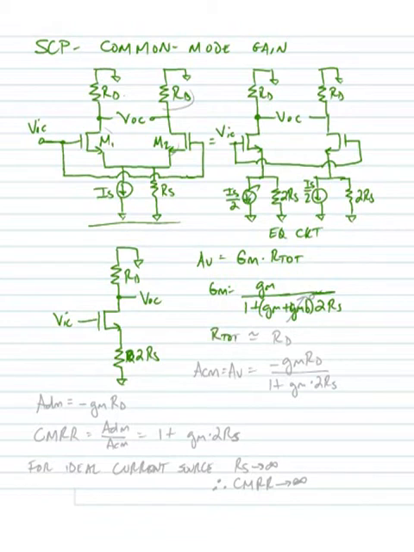We know that our R total is approximately equal to RD because the output resistance of the transistor would be quite large. And so we can calculate our common mode voltage gain, which is equal to minus GM times RD divided by 1 plus GM times 2 RS. Now here we're just saying that the backgate transconductance is approximately 0, so we're ignoring that.